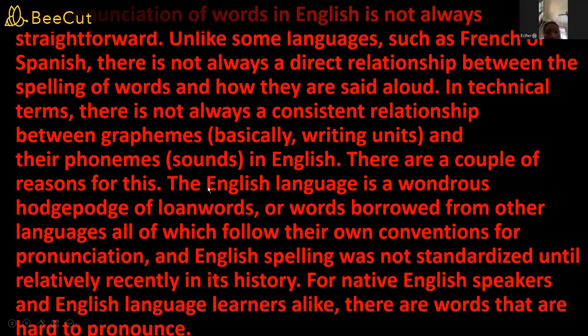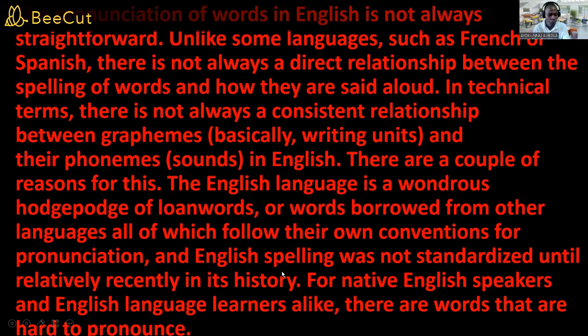Then there are a couple of reasons for this. The English language is a wondrous hodgepodge of loan words, or words borrowed from other languages, maybe from Latin or any language. They will say, okay, the root word is Latin or this. All of which follow their own conventions for pronunciation. And English spelling was not standardized until relatively recently in its history.